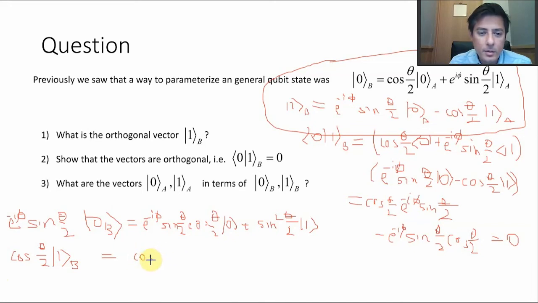Okay, so it's cosine theta over 2 e to the minus i phi. And over here we've got minus cosine squared theta over 2.